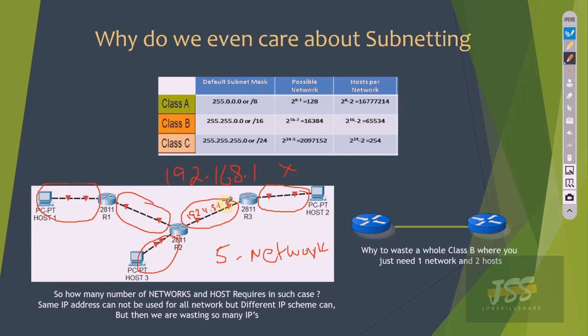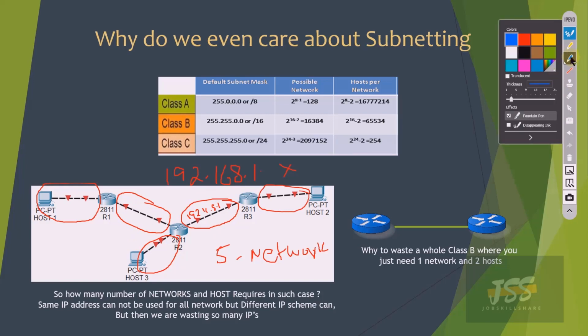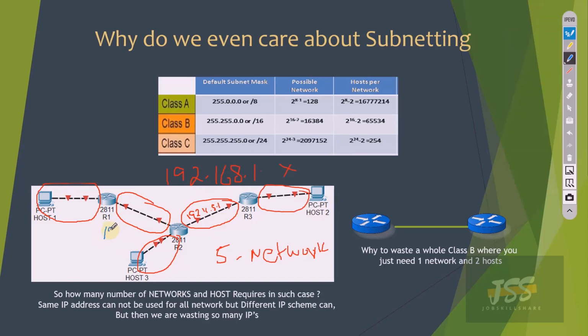The same 192.168.1 I cannot use here or anywhere else. I need to provide a different network, which could be 192.168, and instead of 1 we could have 2.0.